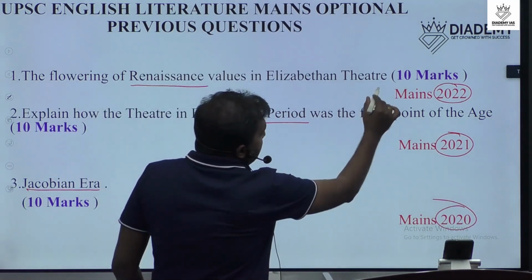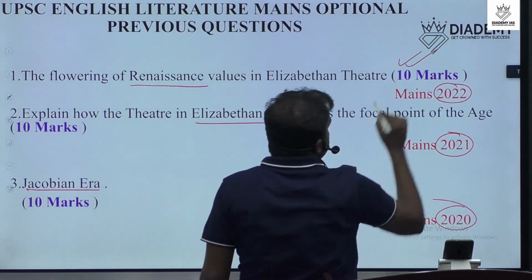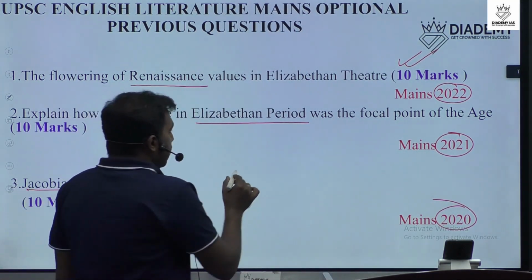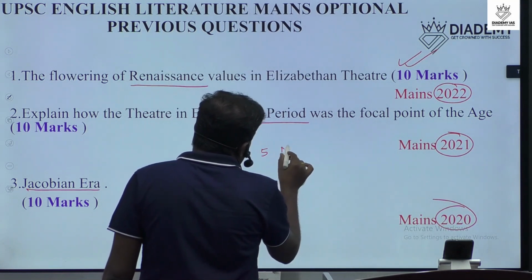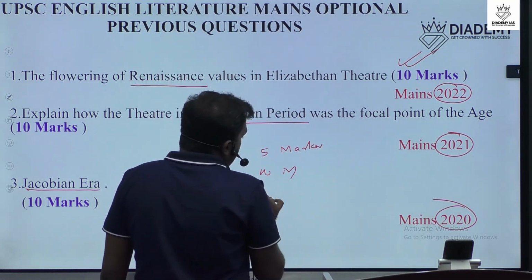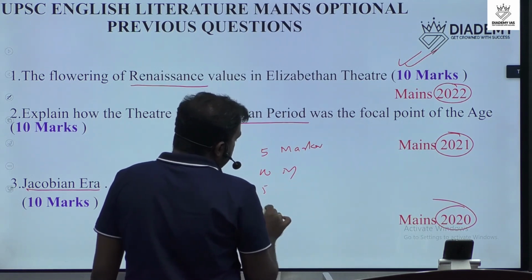We can see this question is a 10 marker. Normally, UPSC mains questions may be 5 marker, 10 marker, 15 and 20.